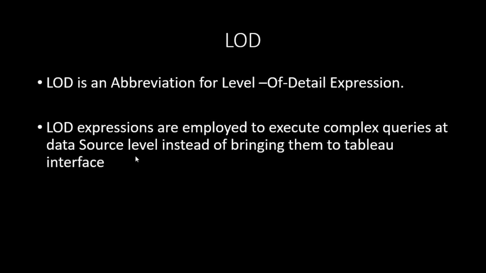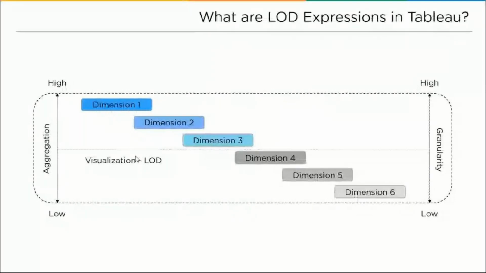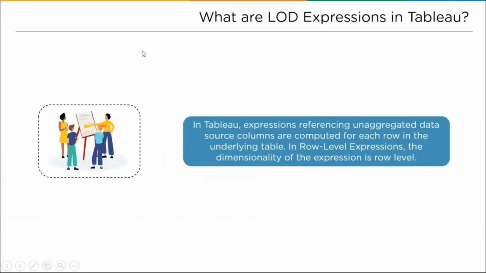Okay. So now, what are the LOD functions in Tableau? Aggregation and granularity, high and low, dimension. Visualization LOD, and granularity will be in two parts: one is high and low. And then what is an LOD expression in Tableau?